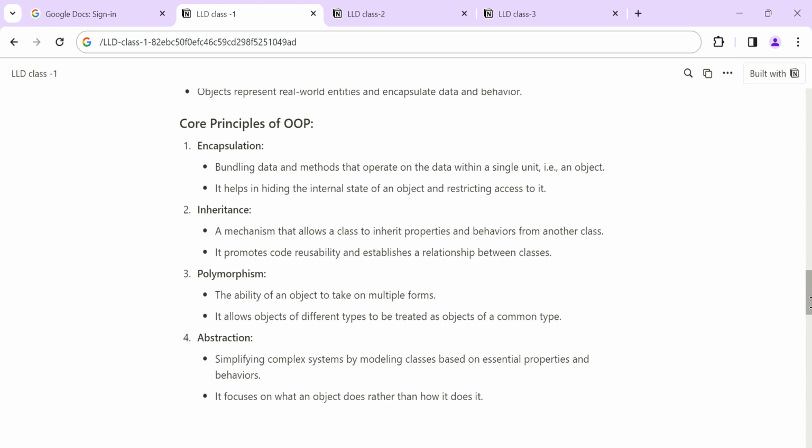Next, I have abstraction, simplifying a complex system by modeling classes based on essential properties and behavior. It focuses on what an object does rather than how it does it.